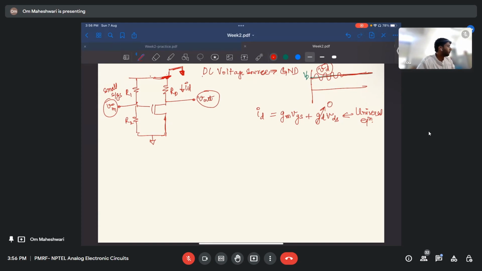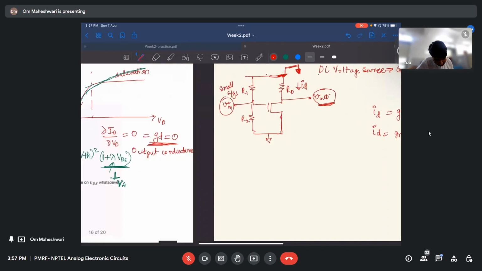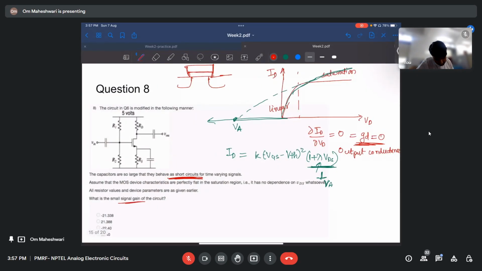Okay, we know GD is 0. We had just seen the characteristics. So ID will be GM VGS only. One more thing we have to find now is V out, right? We have to find the small signal gain.